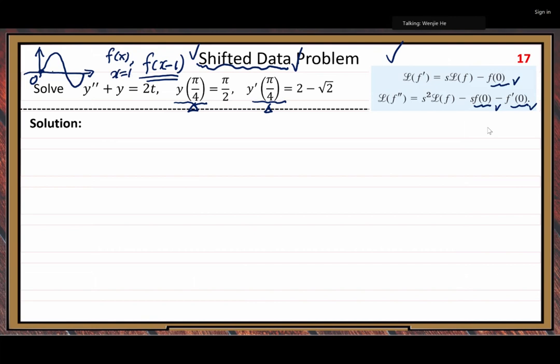When x equals 1, that's here, the starting 0 point. So you can see it's a shift operation.